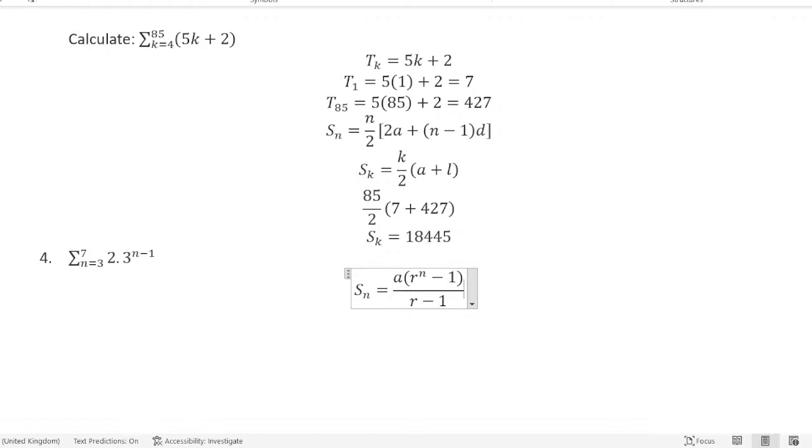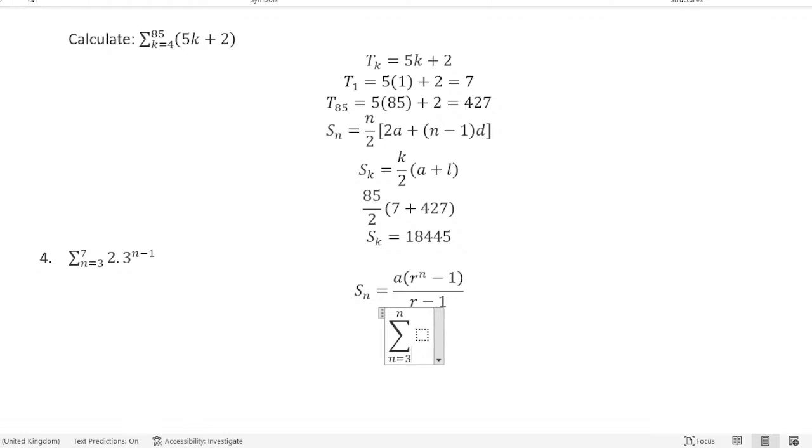Then we need to substitute. First we need to get the first term, that is the value of a. Remember, when you're given a sigma notation, the number on top represents the last term, and the number at the bottom represents where the terms start.